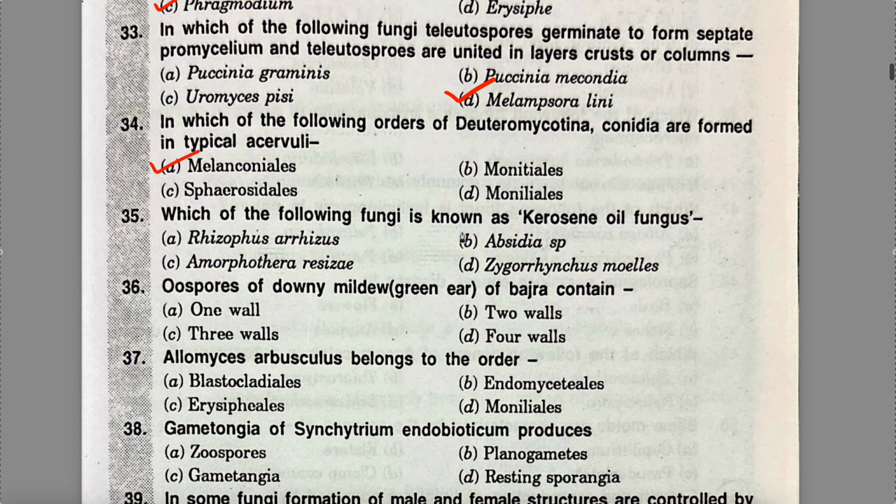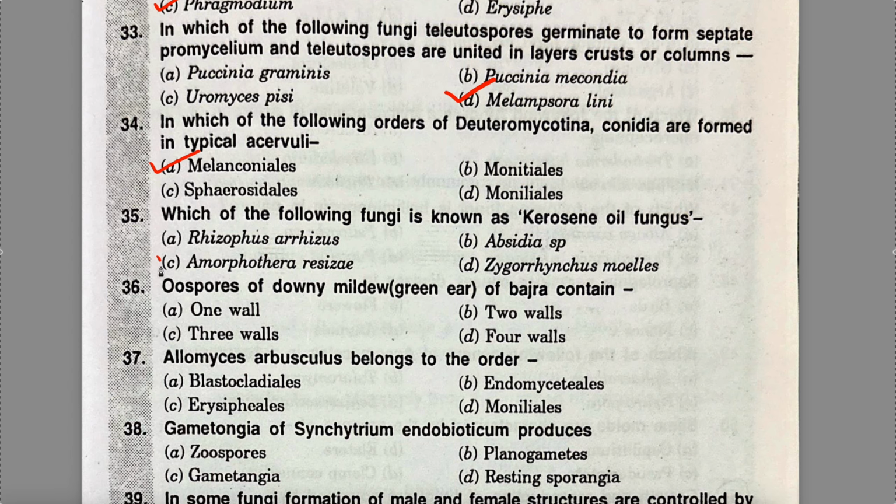35. Which of the following fungi is known as kerosene oil fungus? Options: Rhizopus, Absidia, Amorphotheca or Zygorhynchus.